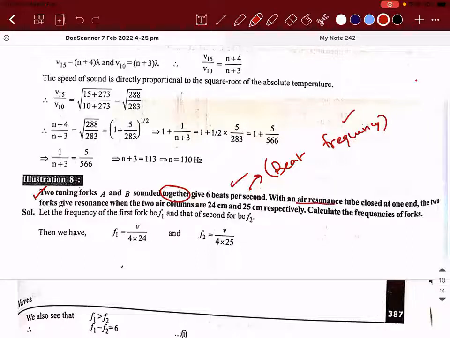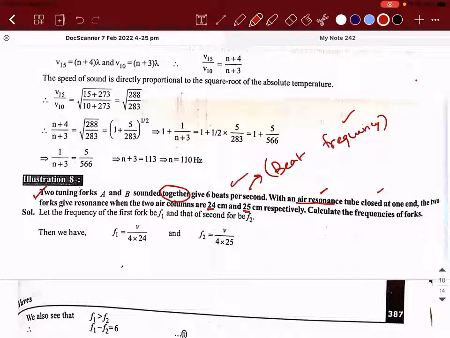With an air resonance tube closed at one end, the two forks give resonance when their two air columns are 24 centimeters and 25 centimeters respectively. Calculate the frequency of the tuning forks. With an air resonance tube closed at one end means it's an organ pipe which is closed at one end.